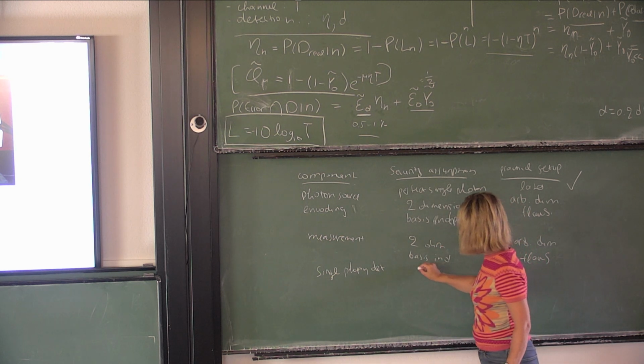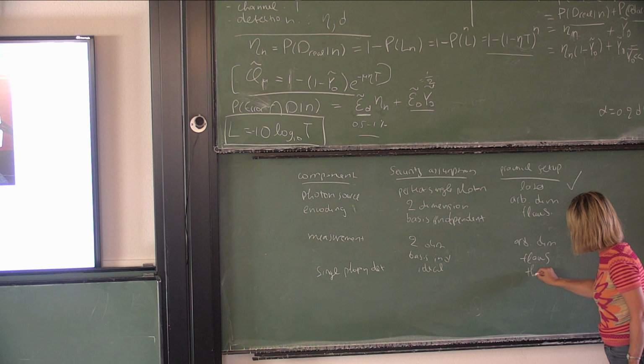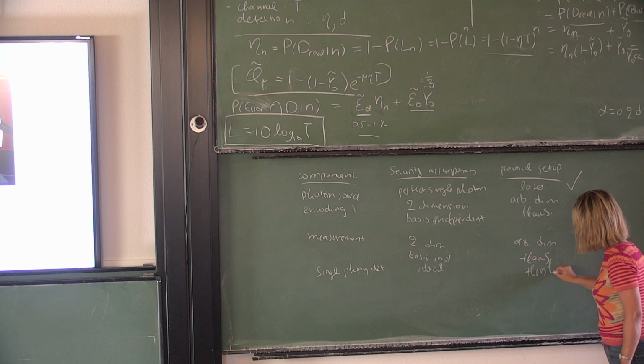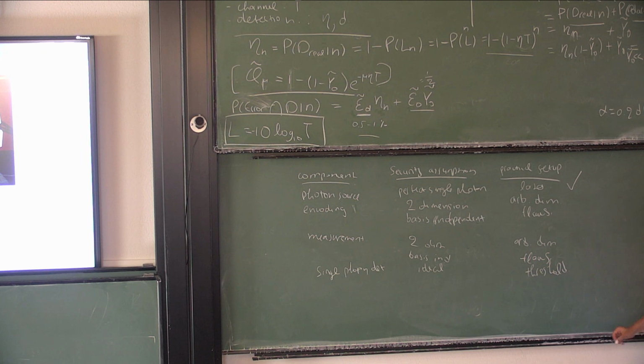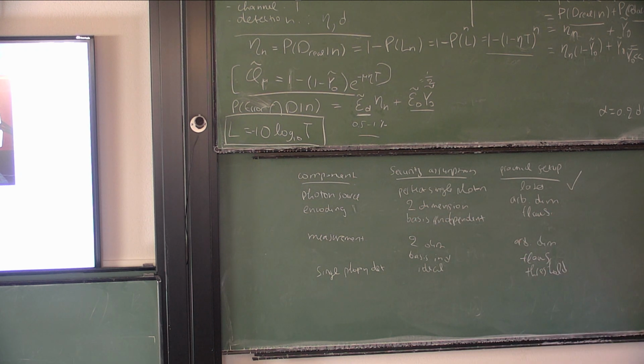You can consider that it's ideal, while in practice it's a threshold detector, which we discussed before, which means that it cannot tell you if there is more than one photon hitting the device. So all of this is a collective description of which security assumptions are the most common that are not satisfied in practical setups.